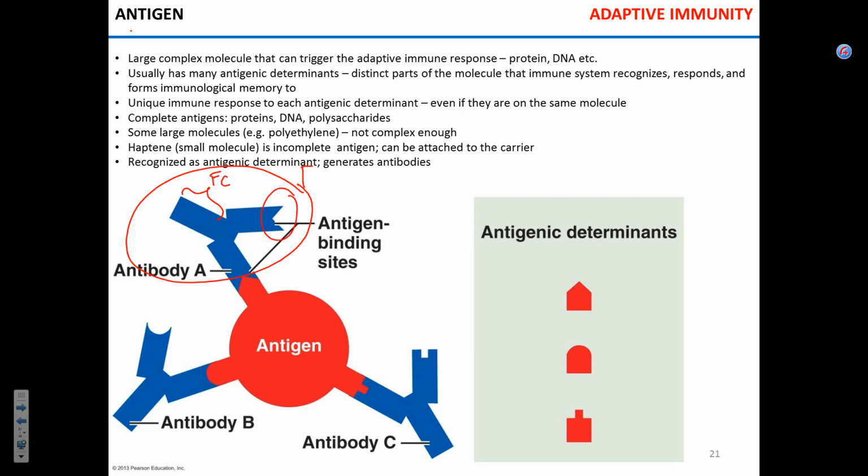This is FAB fragment. So you see that FAB fragment of an antibody recognizes the antigenic determinant on the antigen. Again, FAB fragment of the antibody recognizes antigenic determinant of an antigen. Is that clear?